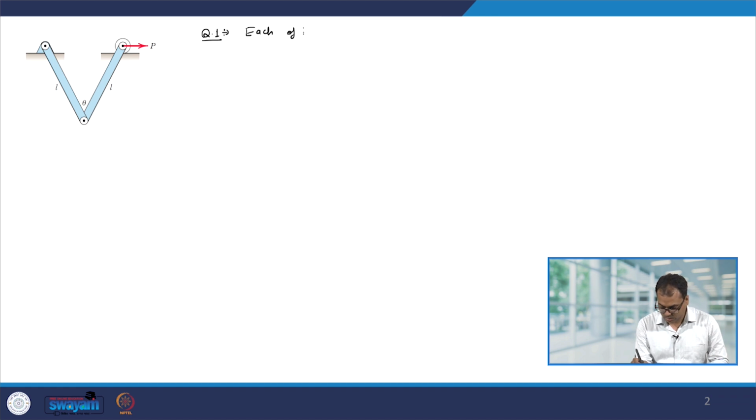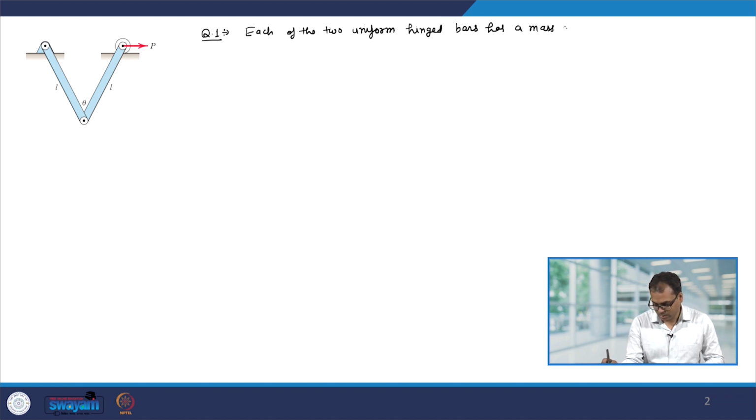Each of the two uniform hinged bars has a mass m and a length L and is supported and loaded as shown.